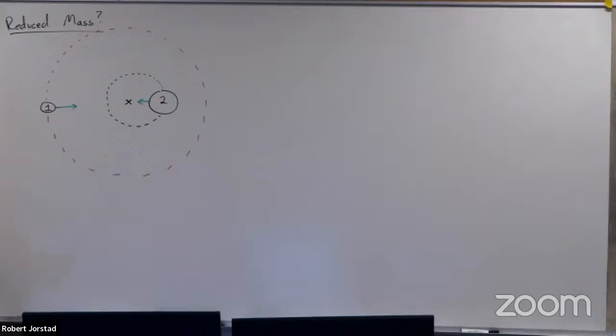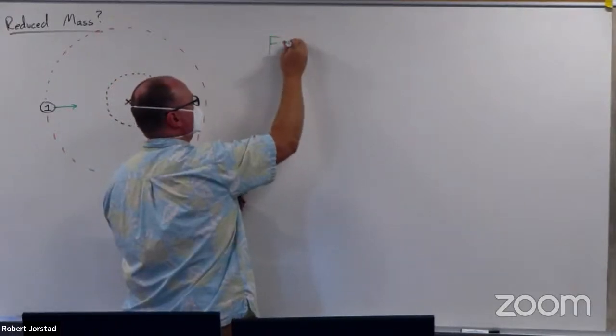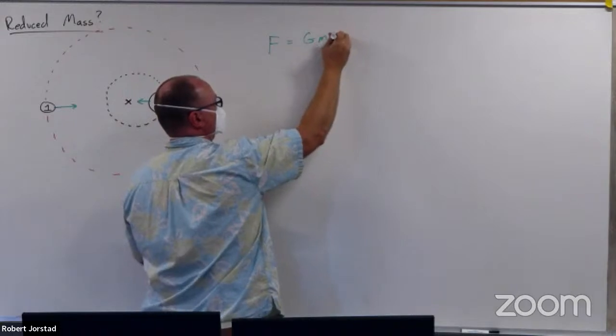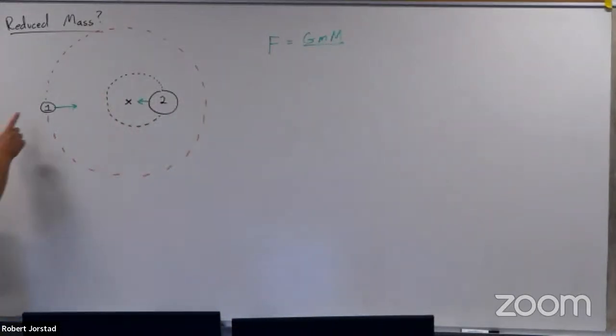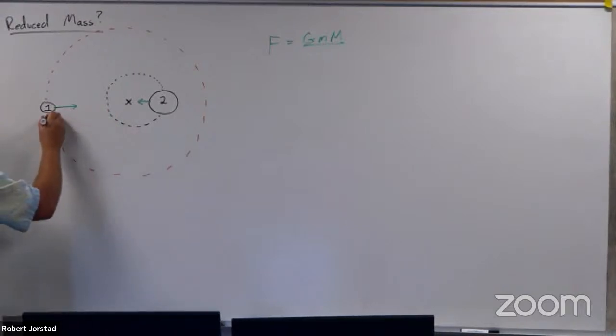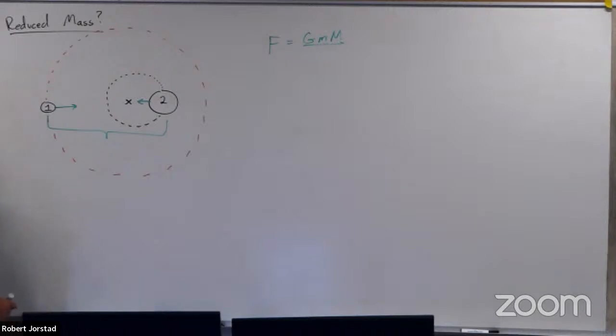In this case, we're going to get some force equations. Now, the force depends on their center to center distance, right? We'll call that, what did I call that? D?